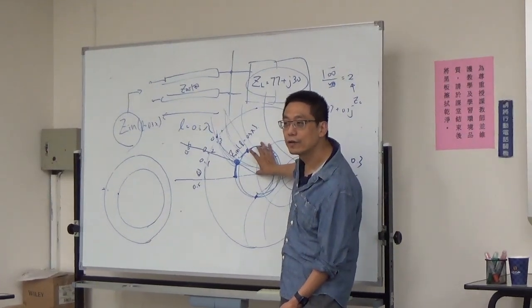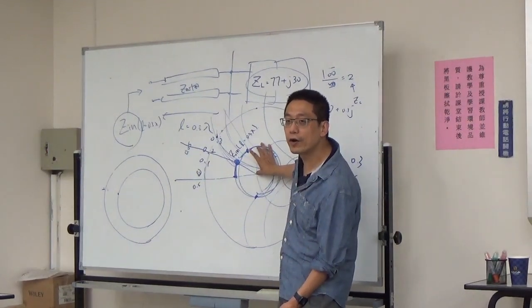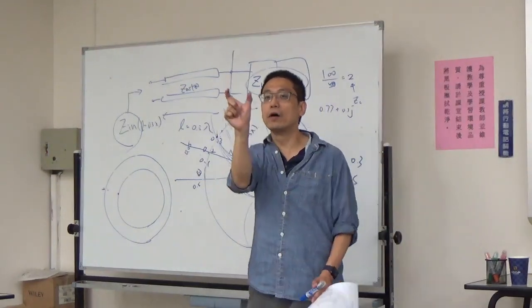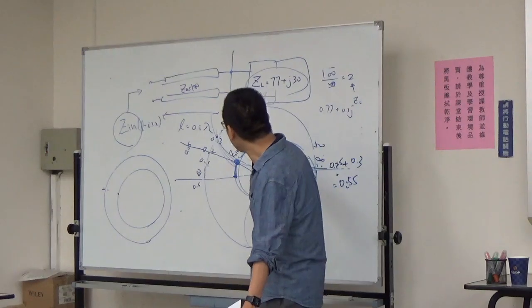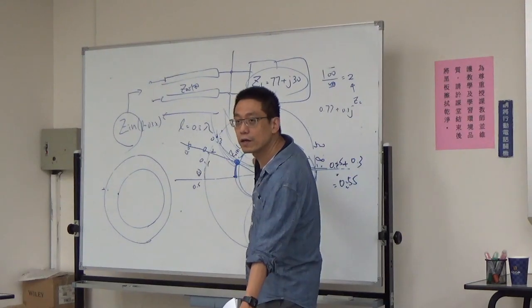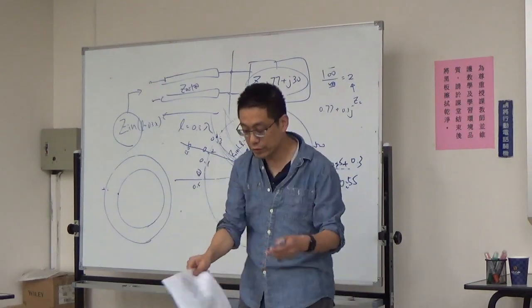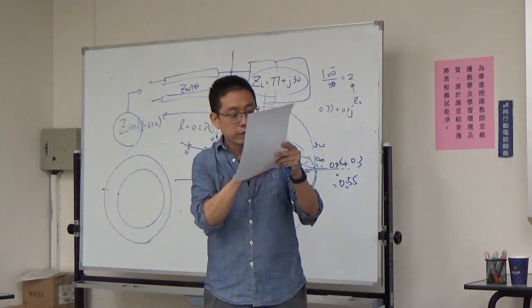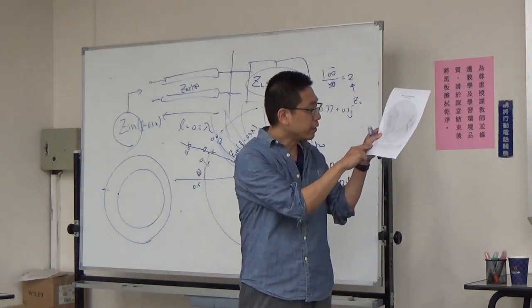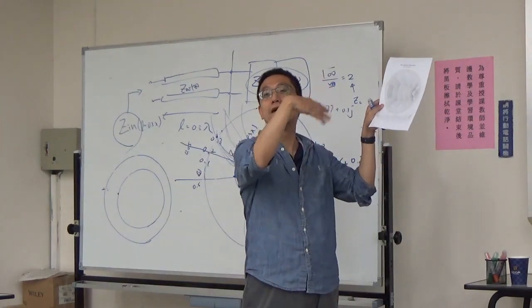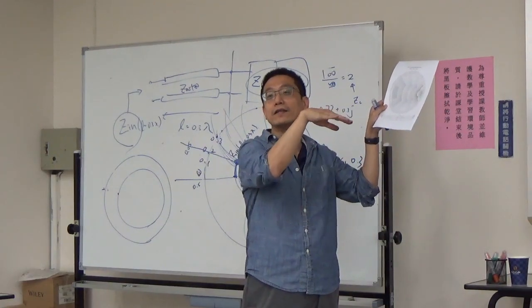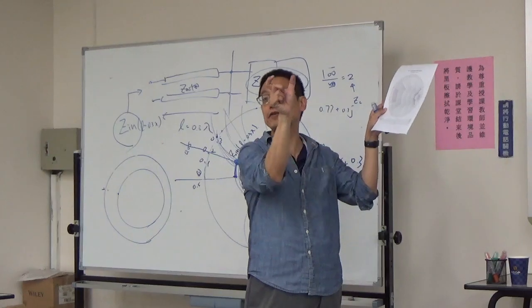How to find the reflection coefficient? Use your ruler to see the radius of the circle. Did you see at the bottom there is a reflection coefficient ruler?